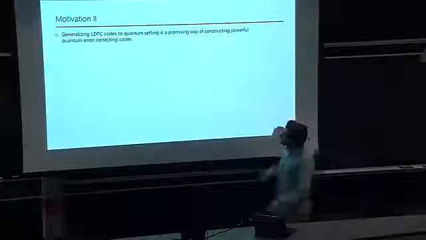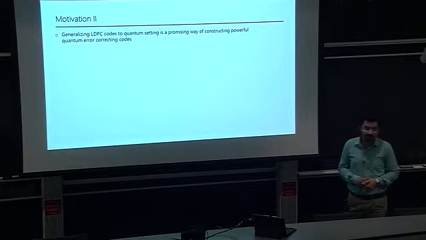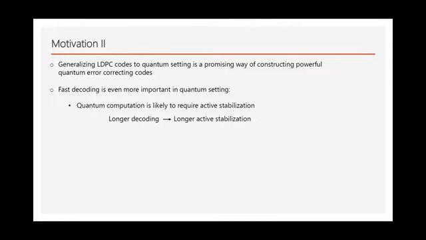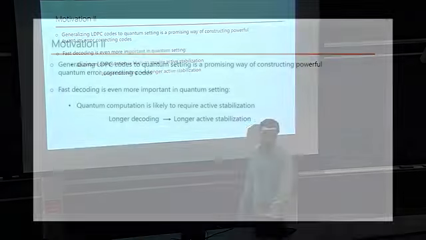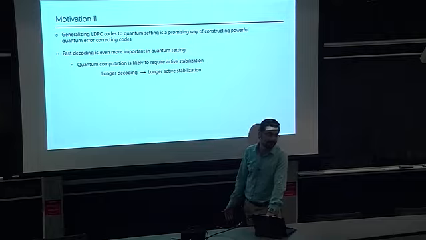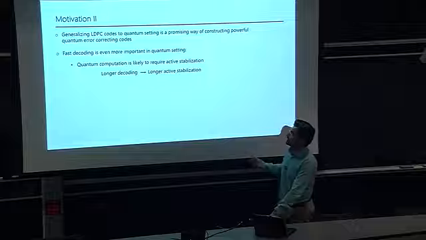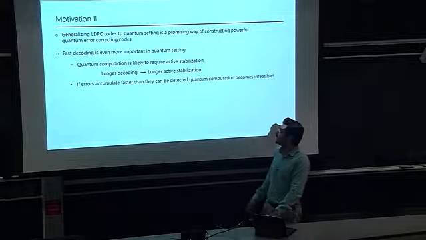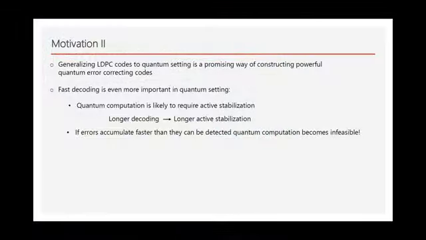The same motivations hold in the quantum setting. But in fact, having fast decoding is even more important in the quantum setting, because quantum computation is likely to require active stabilization, and longer decoding means longer active stabilization and higher cost.